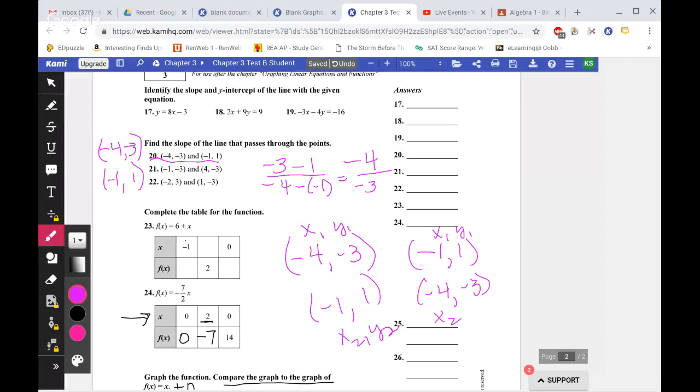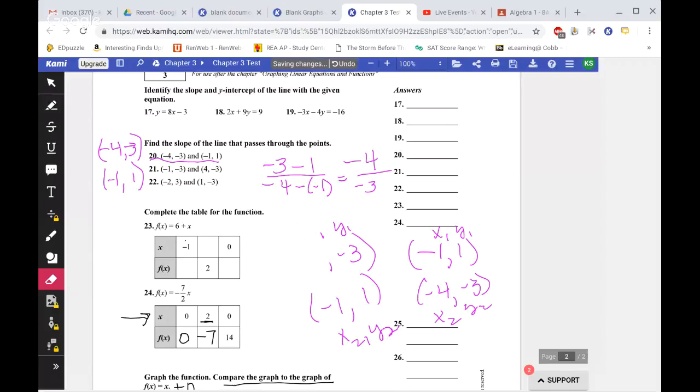So does that make sense to you guys? What matters is that you keep them consistent, that whatever you determine to be your X1, Y1, you keep it in those positions on the top and the bottom. Sorry, I keep interrupting you. No, you're fine.